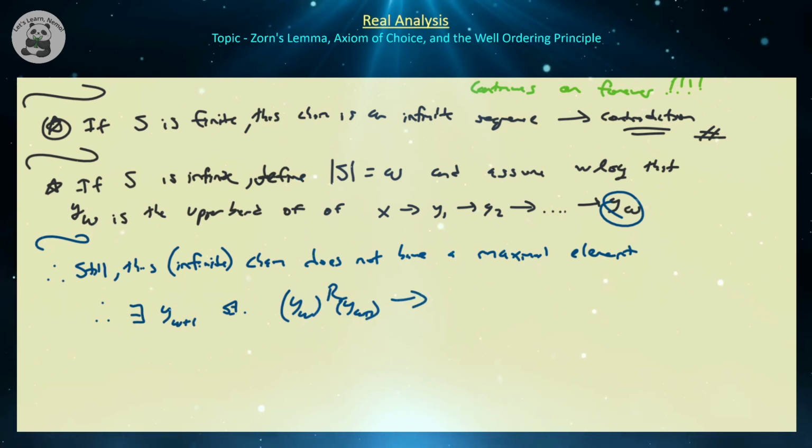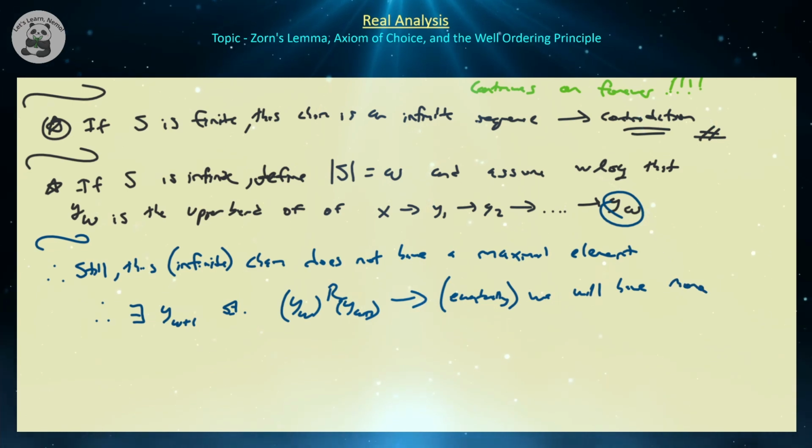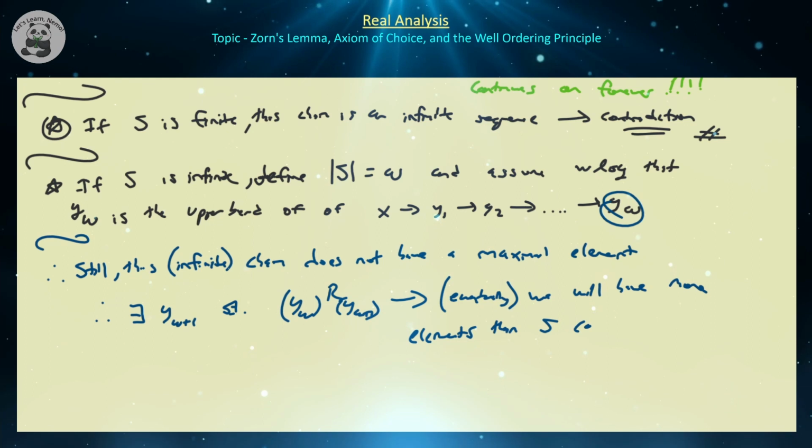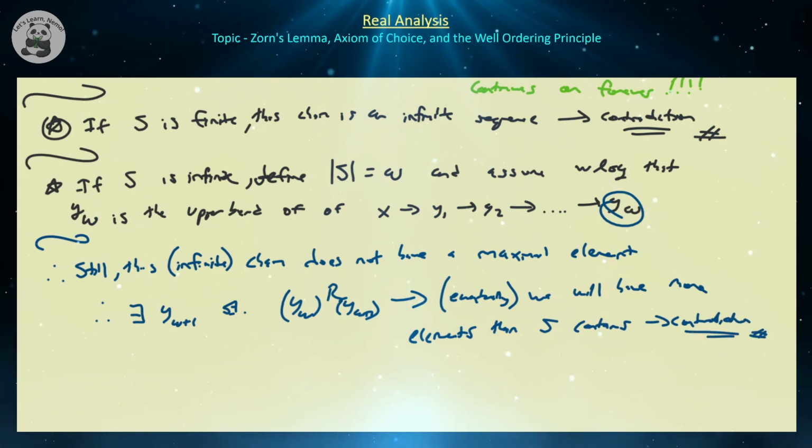So, which means that this relation has a cardinality that is bigger than S, right? So that means eventually we will have more elements than S contains, right? And that obviously will lead to another contradiction, right? And that completes both sides of this story, right?